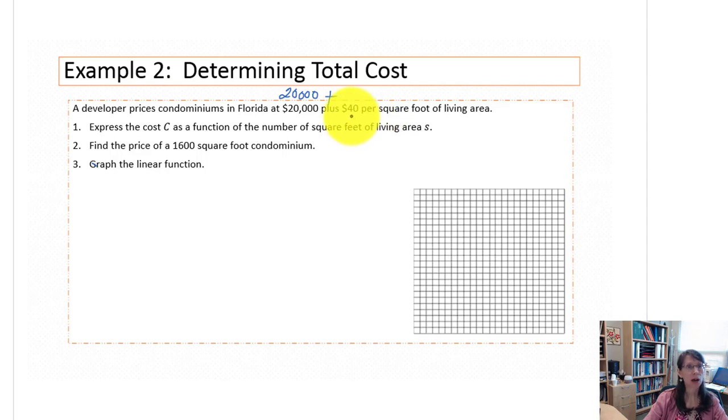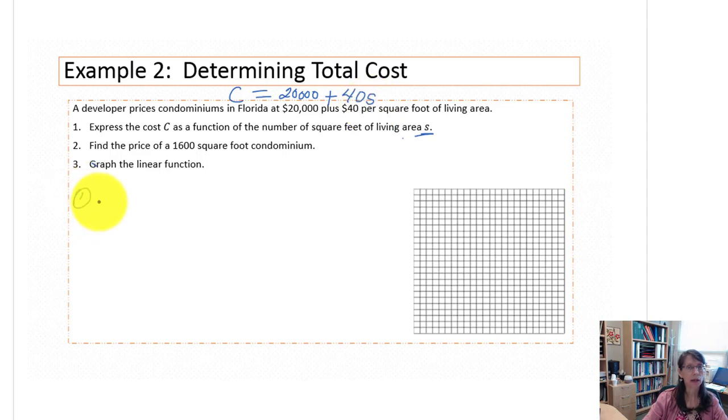So $40 per square foot means it's $40 multiplied by S. S is the variable given to represent the square footage. So our total cost must be made up of these two pieces, the fixed amount of $20,000 and then the additional charge of $40 per square foot.